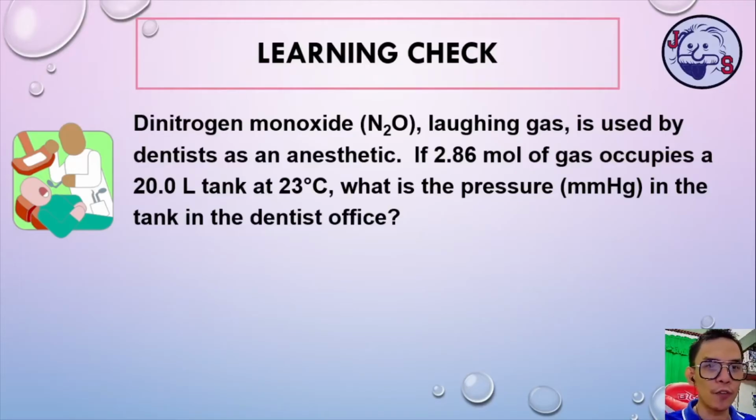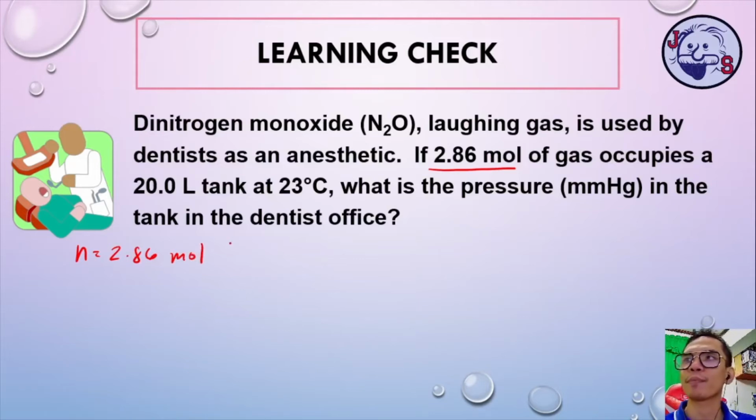First things first, we need to write down all the given variables. The first thing that we saw in the problem is that we have 2.86 moles. We are very lucky that it is already converted into moles. So we have 2.86 mole of N2O.